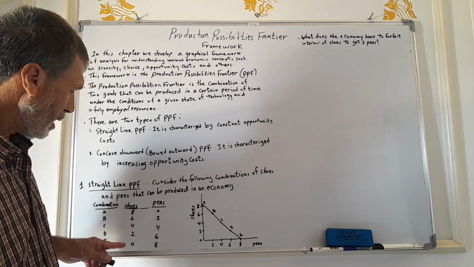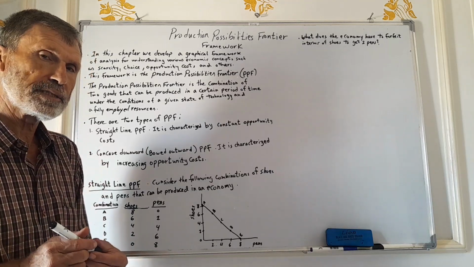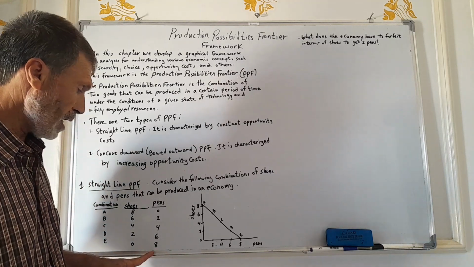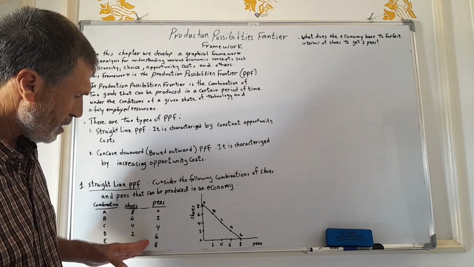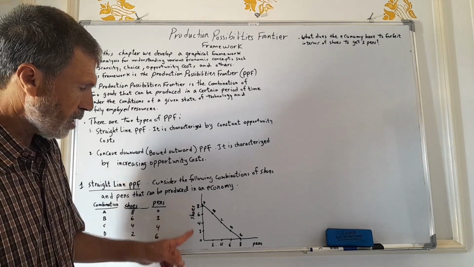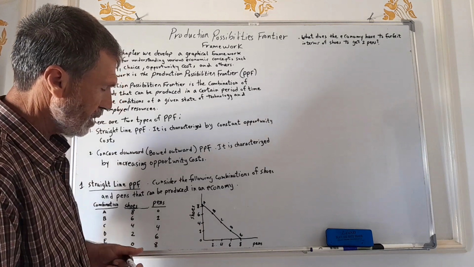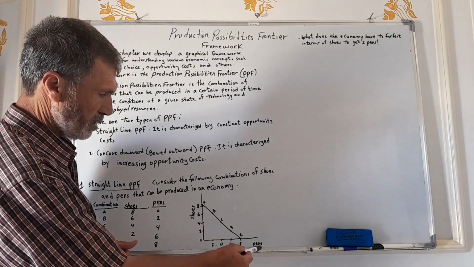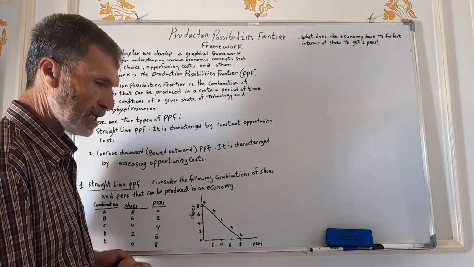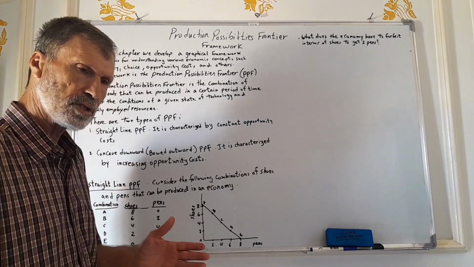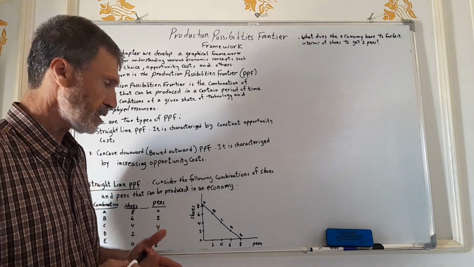Now, when all the resources are devoted to the production of pens, then it produces 8 pens and 0 shoes. Let's take these combinations and draw them here. In this graph, as you can see, we put pens along the horizontal axis and shoes along the vertical axis. So we're talking about two goods, one along the x-axis and the other along the y-axis.